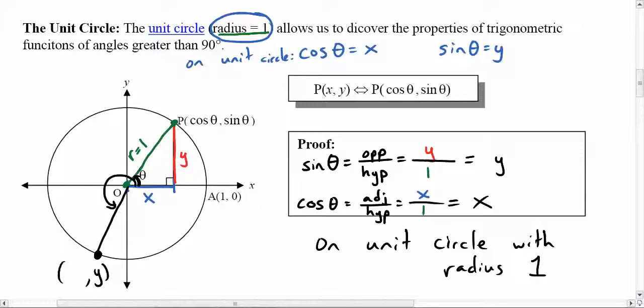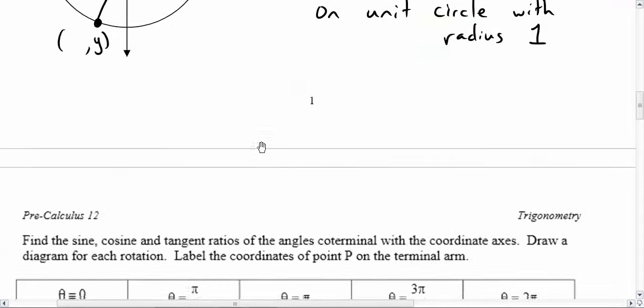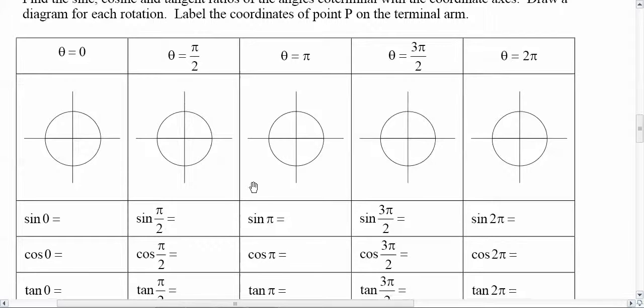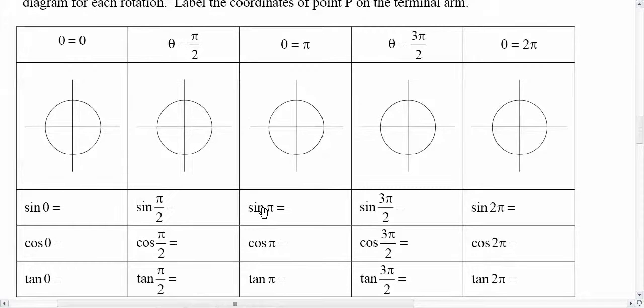So it also works for points over here where I can't make a triangle. And we'll see that on the next page. So I think that you've learned these trigonometric ratios last year in degrees, and we're going to do them in radians.